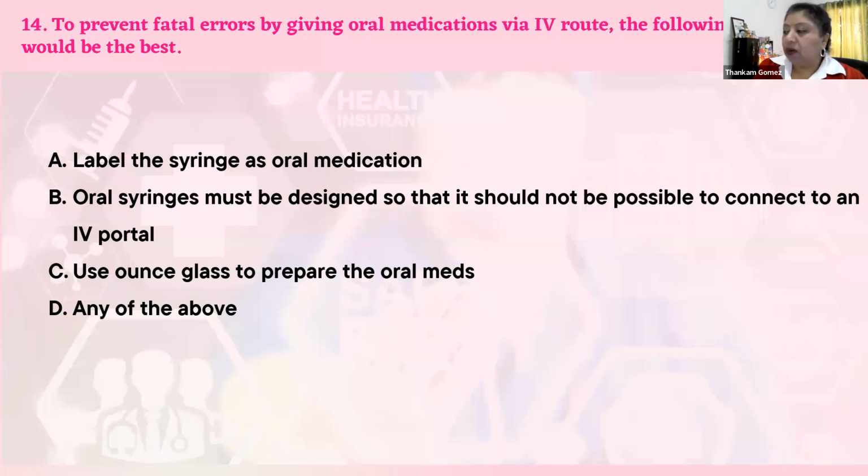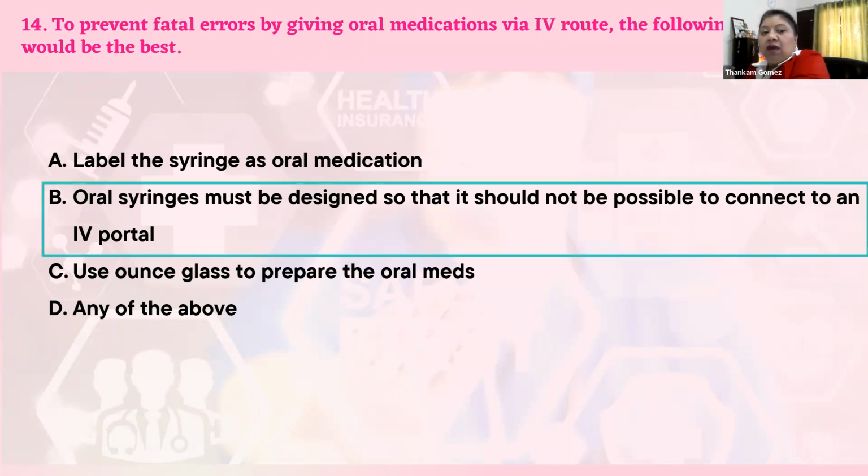Now, it may or may not be happening in all our hospitals, but the best, safest way is always to make sure of the design of the syringe. In our Indian setting, yes, you can label the syringe as oral medication, but the safest one to use is oral syringes manufactured separately as oral, so they can only connect to the NG tube, not to an IV tube.